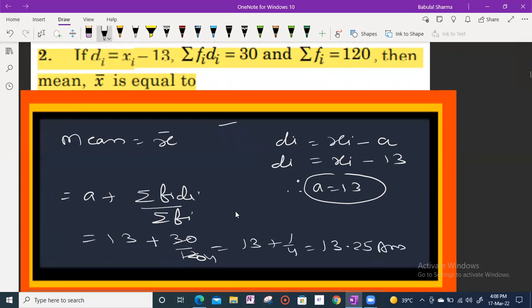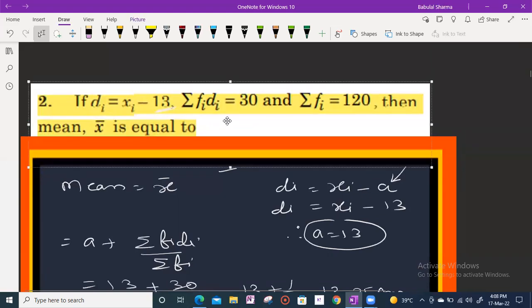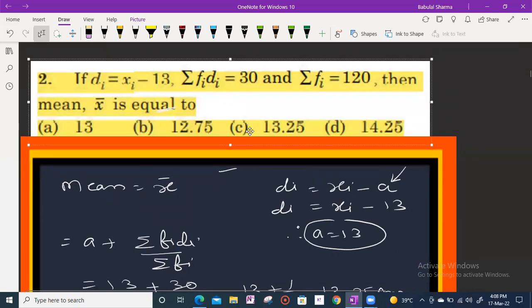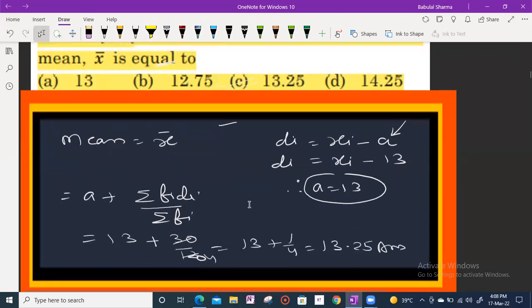Here, students, we have to compare with the formula di, that is xi minus a, where a is the assumed mean. So here the assumed mean is 13. In place of a we can write 13 and give the answer. So C is the correct option here, that is 13.25.